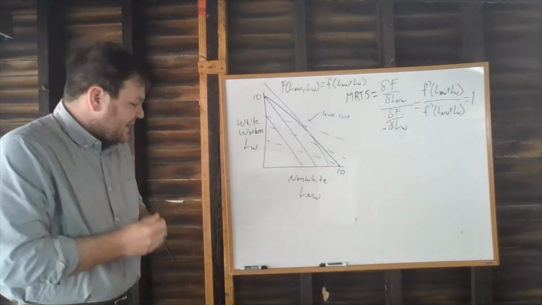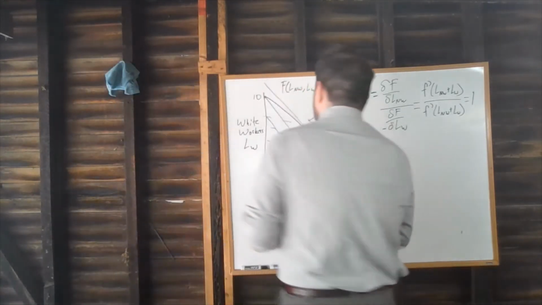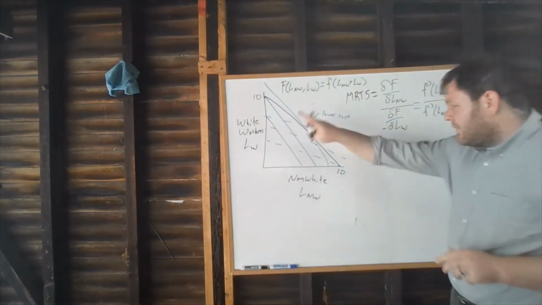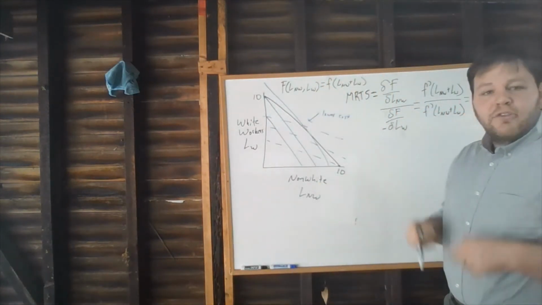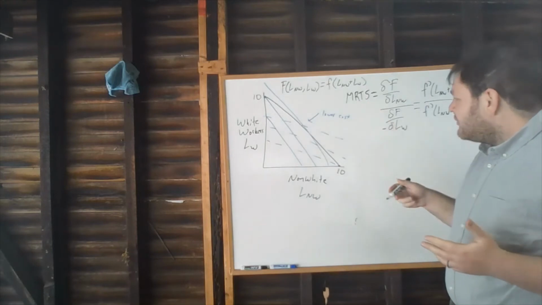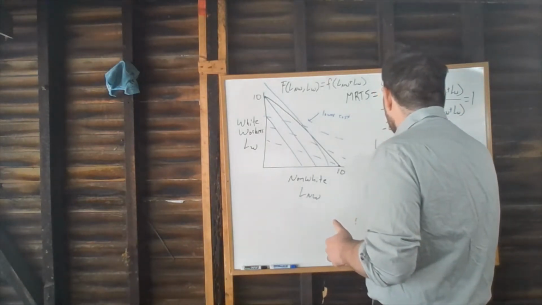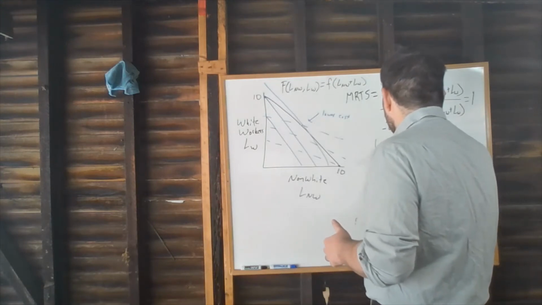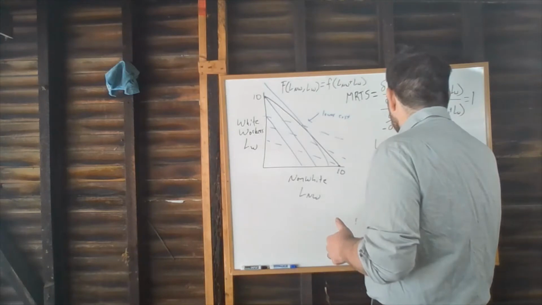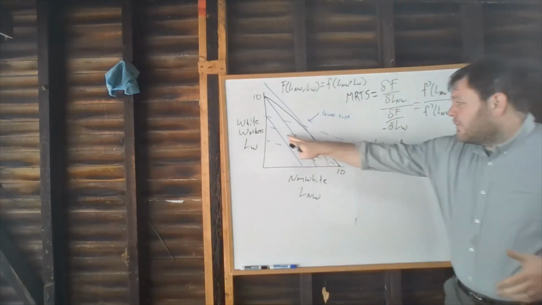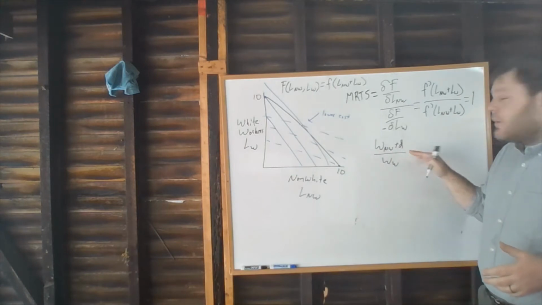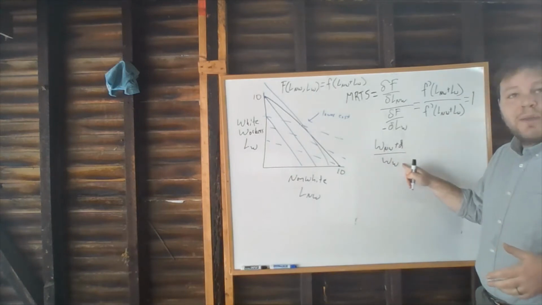So what's this going to tell us? It's going to tell us that essentially if the cost ratio is greater than the MRTS, right? The slope of our isocost curves is going to be the ratio of the cost of a non-white worker to the cost of a white worker.